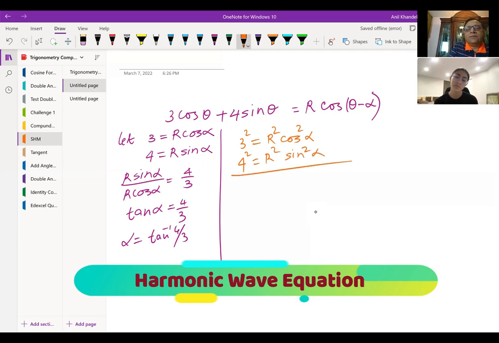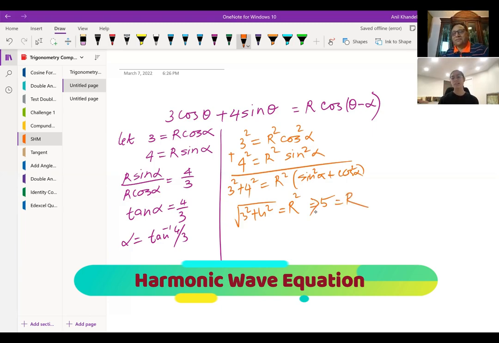If we add them, we get 3 square plus 4 square equals R square times sin square alpha plus cos square alpha, which is 1. So we get R as square root of 3 square plus 4 square, which is square root of 25, which is 5. R is 5.